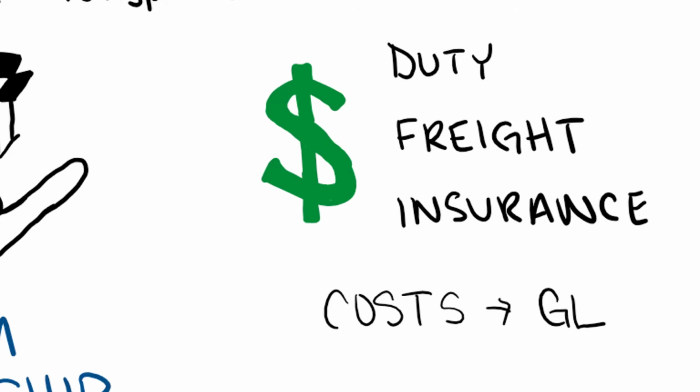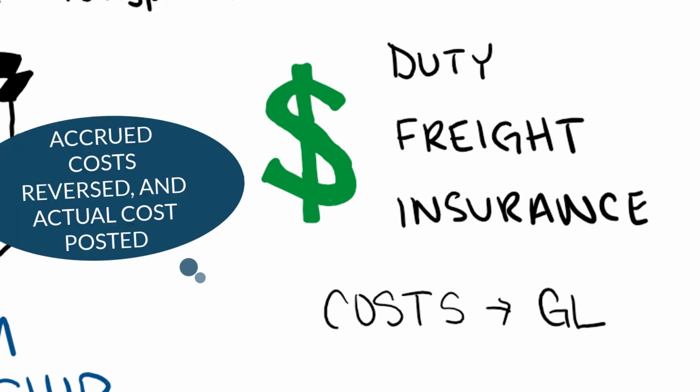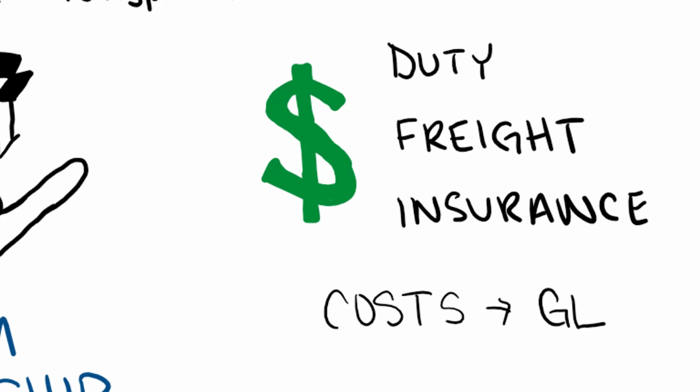Then later on, those costs are reversed, and once you have the actual costs, then we will make adjustments and the inventory transactions are updated automatically. And these transactions are updated directly on those inventory transactions.